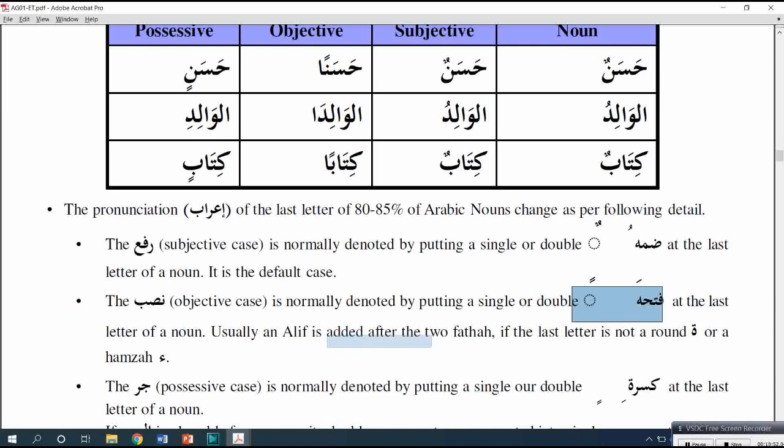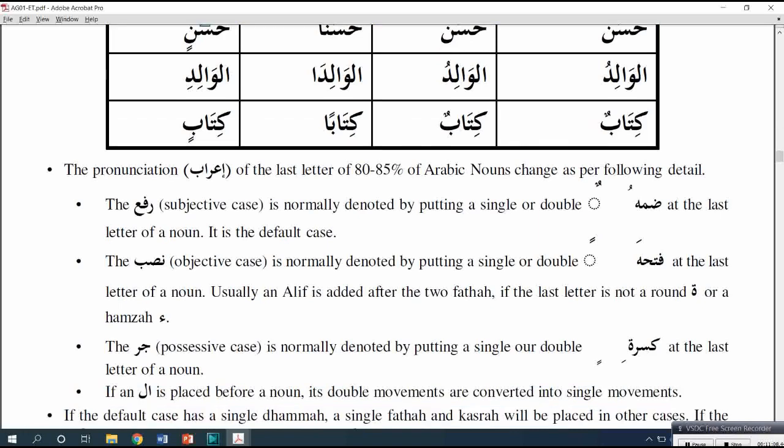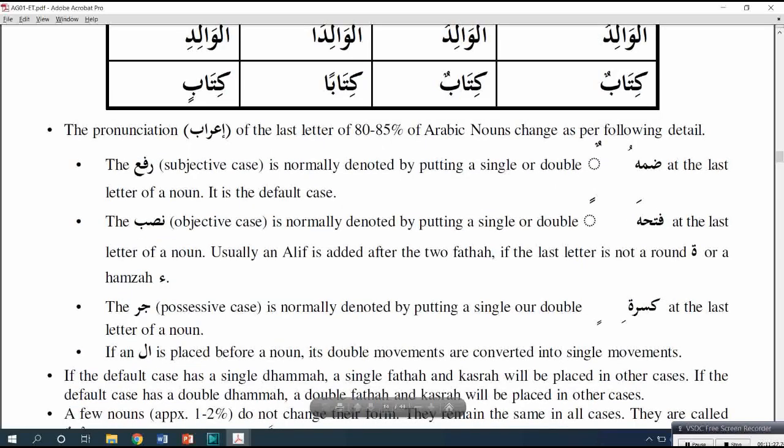It may be double like this, or single like this. So kindly, pronunciation should be right. You have to use this as Arab people speak. Then the jar, possessive case, is normally denoted by a single or double kasara, like kasaratin or kasarati.